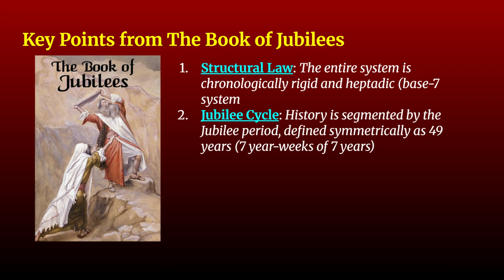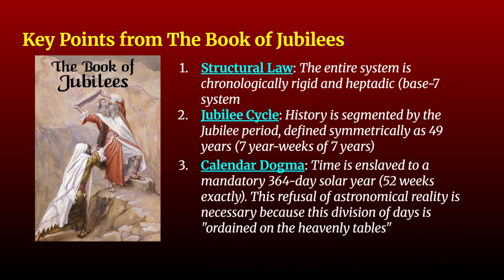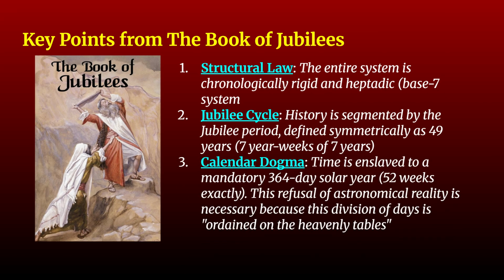A year week is just 7 years. Calendar dogma. Time is enslaved to a mandatory 364-day solar year, 52 weeks exactly. This refusal of astronomical reality is necessary because this division of days is ordained on the heavenly tables.